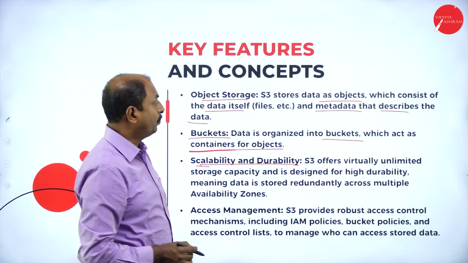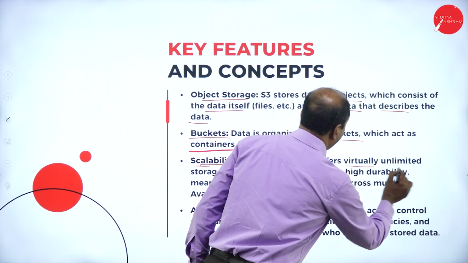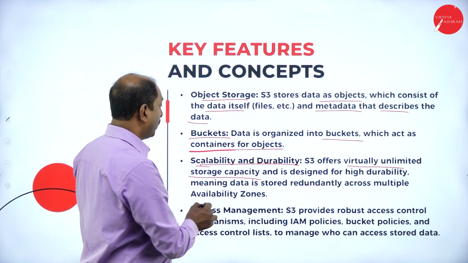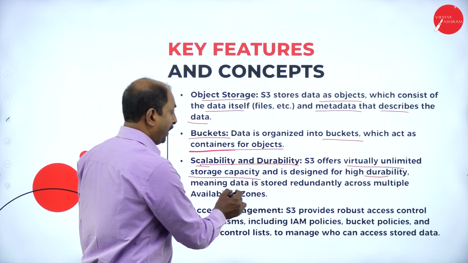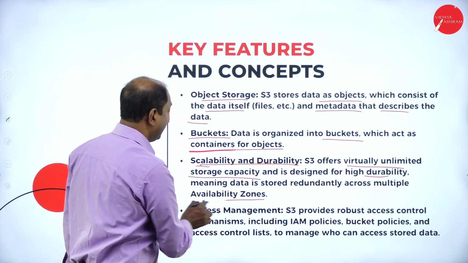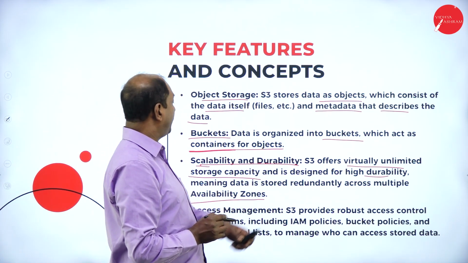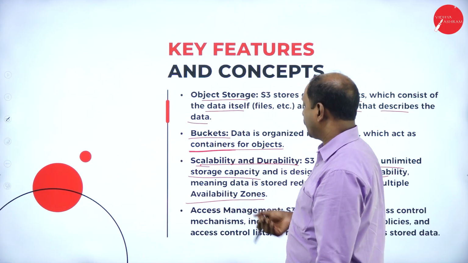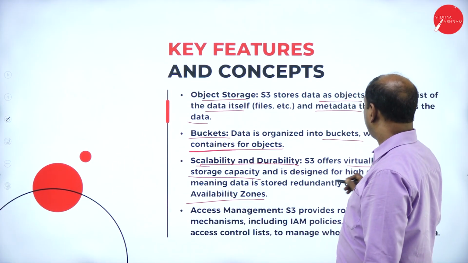It's going to provide virtually unlimited storage capacity and is designed for durability, meaning data is stored redundantly across multiple availability zones. So that is durability. It means it is possible to store the data in different locations with different interfaces.